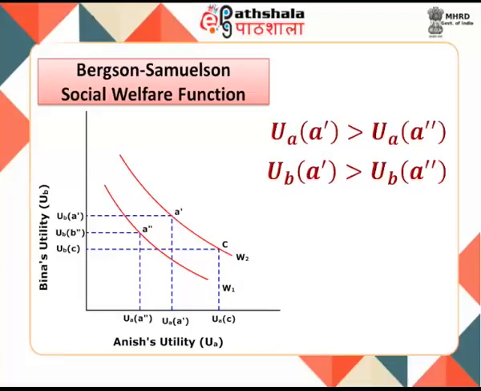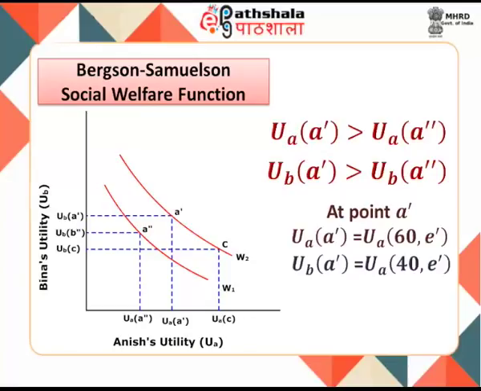For example, if a social welfare function is represented by a societal bundle A dash and at A dash 100 units of market goods and a certain level of pollution is available, from these 100 units of market goods, if Anish is consuming 60 units and Bina is consuming 40 units, then their utilities at point A dash will be determined by their consumption of market goods and environmental goods.